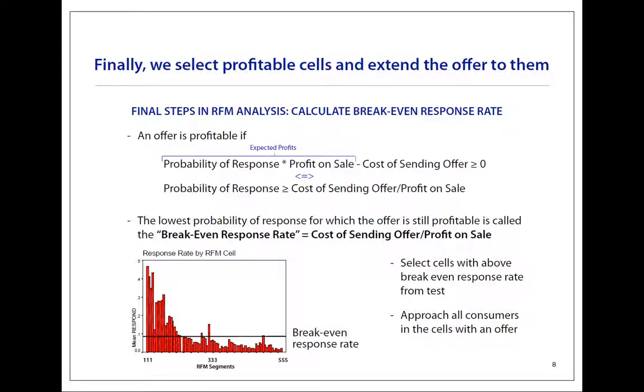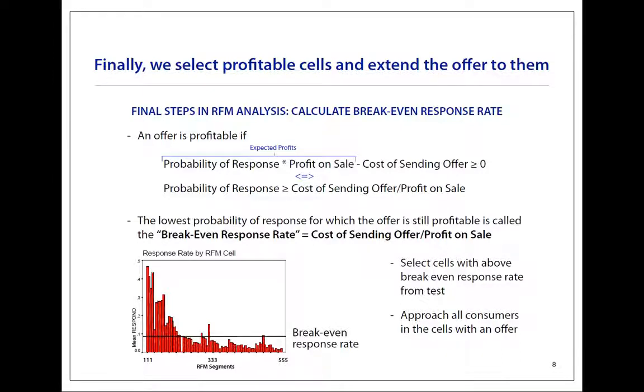We need the expected profit to be greater than the cost of sending out the offer, so that we can generate some profit. So if we rearrange this equation, what we get is basically cost over profit. It will be the lowest response rate at which we can get any positive profit at all.